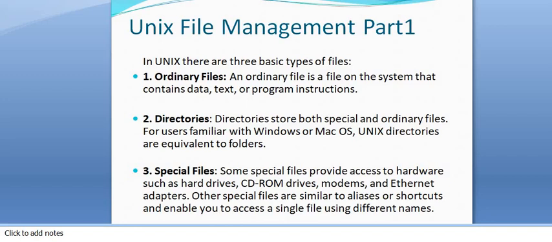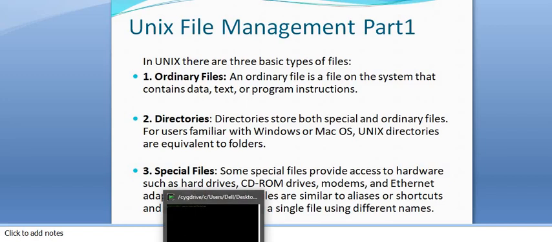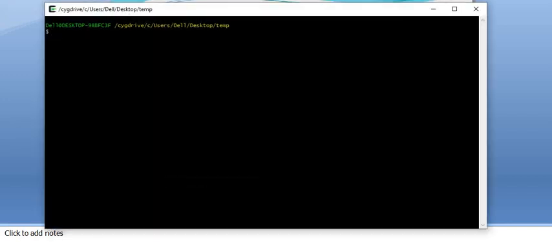So let me open my terminal to make it easier for you to understand. This is my terminal, the Cygwin terminal that I had installed earlier before making the video. I will also create one video on how to install this Cygwin on your Windows machine.